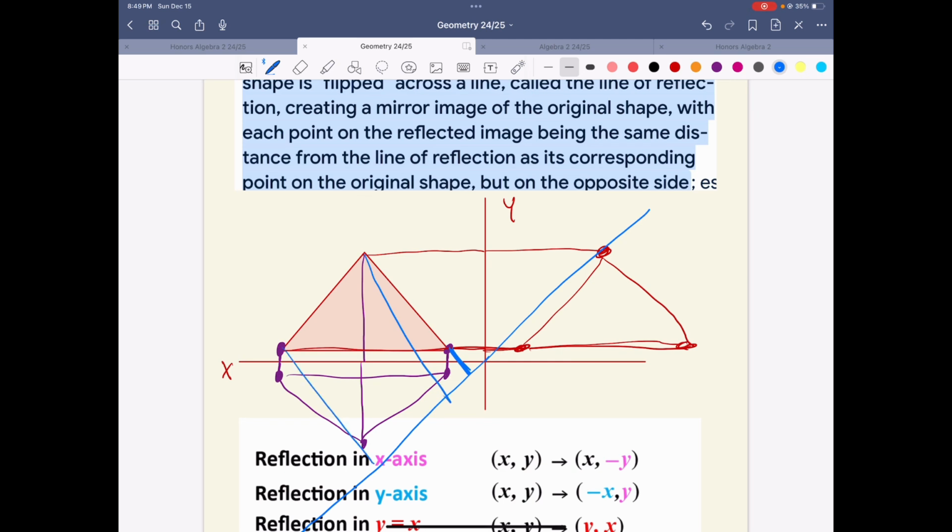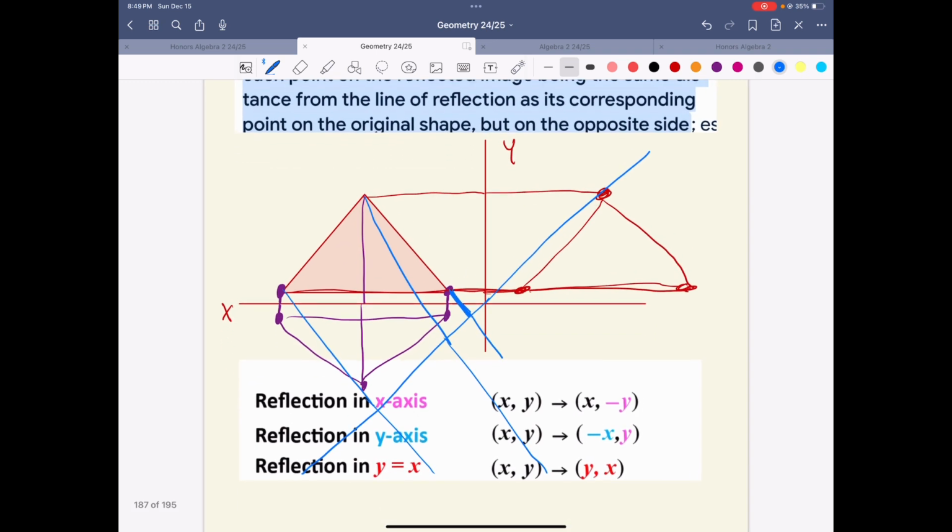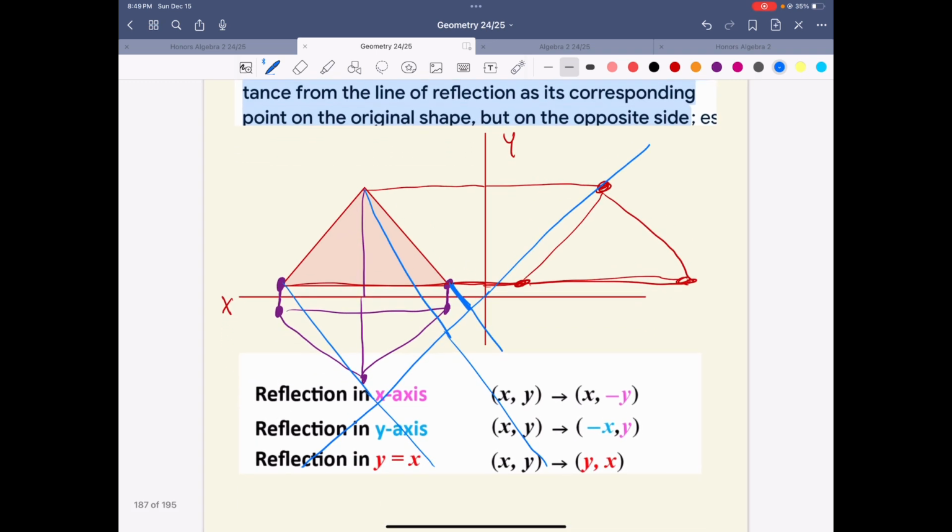Then if I draw those distances across to the other side, it's kind of way out there, and it's kind of way out there. But I could reflect those things across the line x equals y as well. So these are our three definitions that we need you to get into your notes.